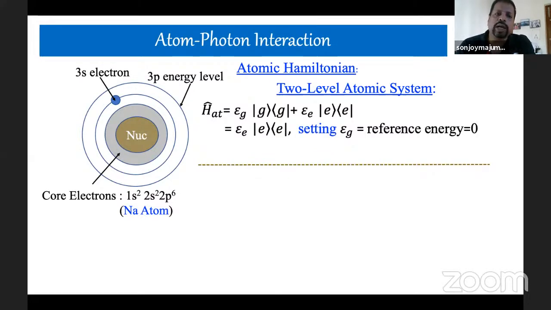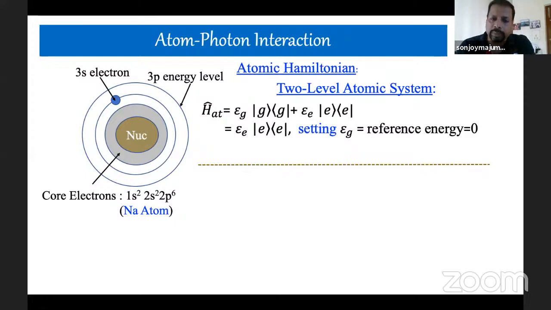If we assign 3s as the ground state G and 3p as the excited state E, then we can write the Hamiltonian for the atomic system as the energy of the ground state times the density matrix for the ground state, plus the energy of the excited state, these are the eigenenergies or eigenvalues, times the density matrix for the excited state.